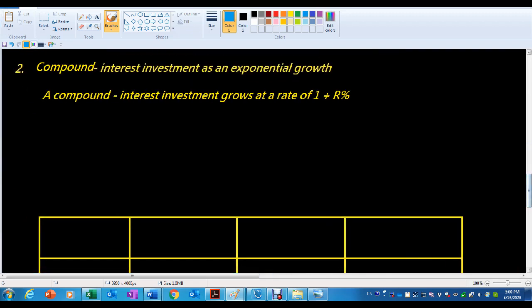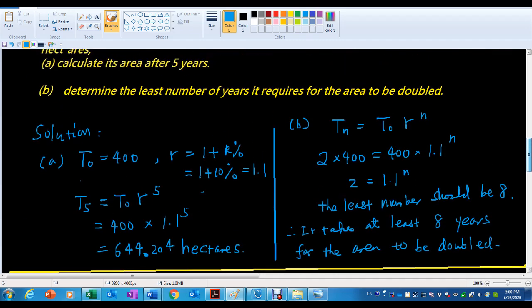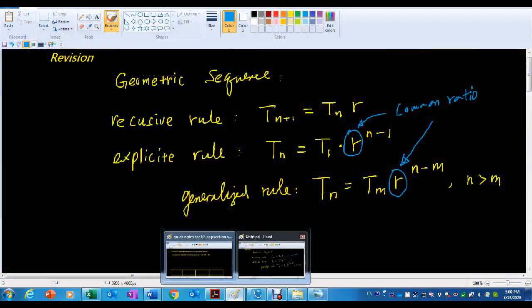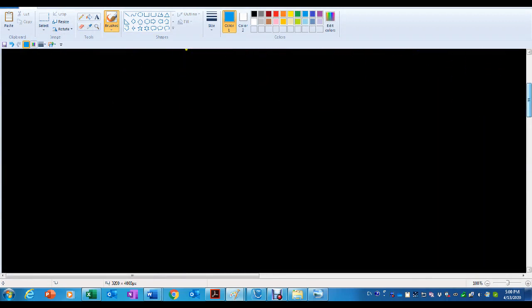And the reason we need to learn exponential growth is for us to understand compound interest investment. We have learned something called simple interest investment. If you still remember, let's have a bit of revision here.